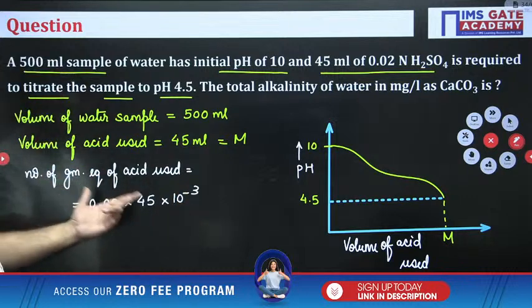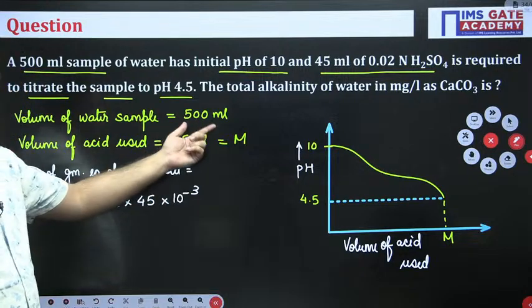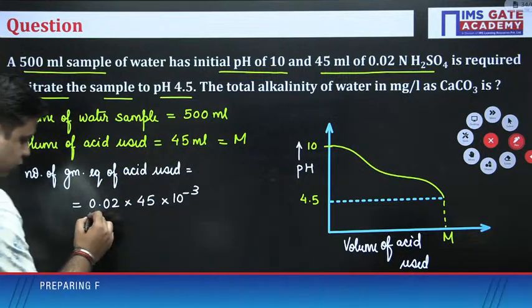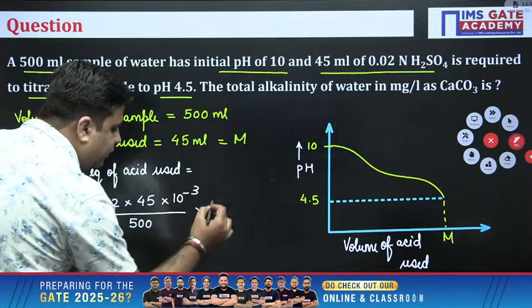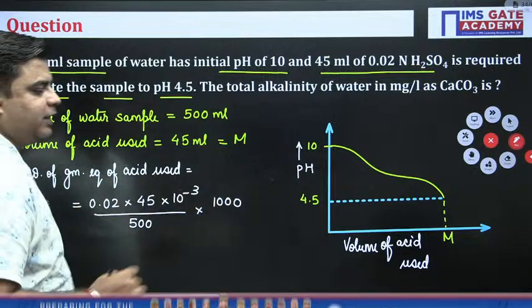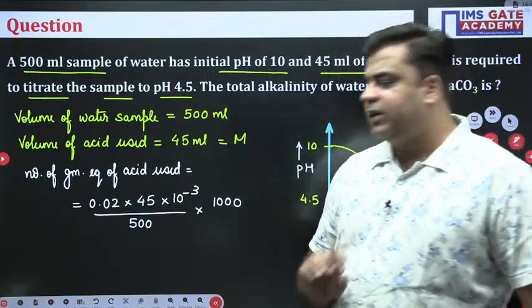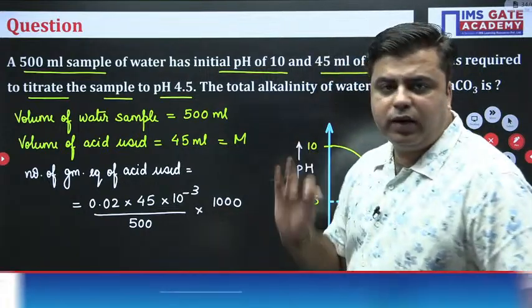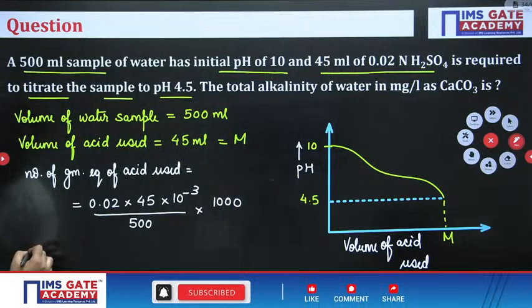Now this volume of acid is used for 500 ml of the sample. So for 1 liter of the sample, you need to divide by 500 and multiply it with 1000. So this is going to give you the number of gram equivalents of acid used. Don't solve it. Number of gram equivalents of acid used will be equal to number of gram equivalents of alkalinity.